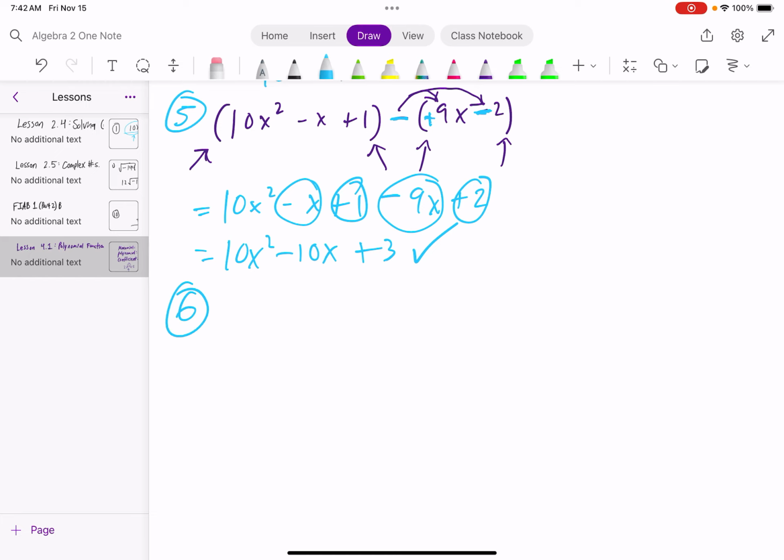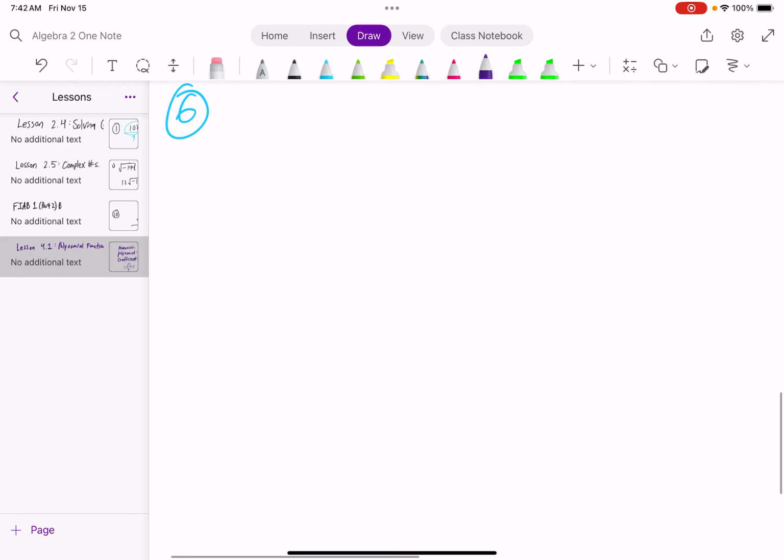Number 6. Subtract. This is tricky because it uses words. It says subtract negative 7x from, right?